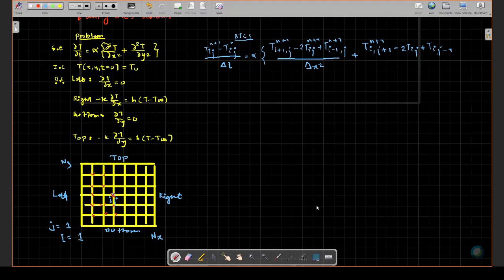These are all n plus 1 values. Okay, so this is for all interior points.